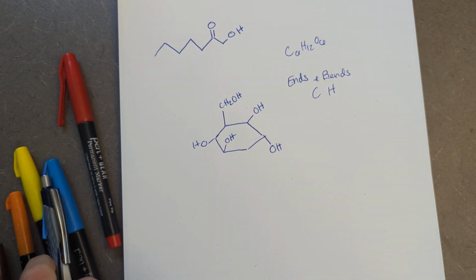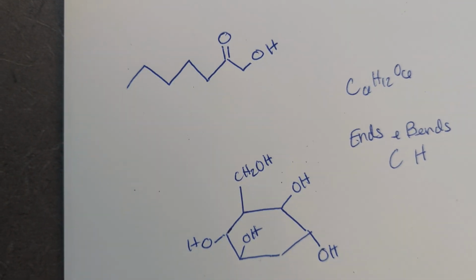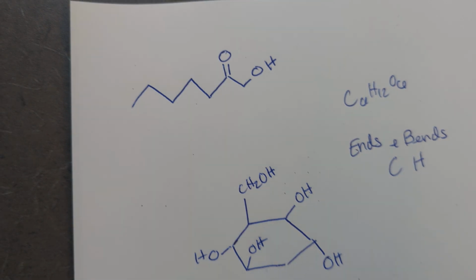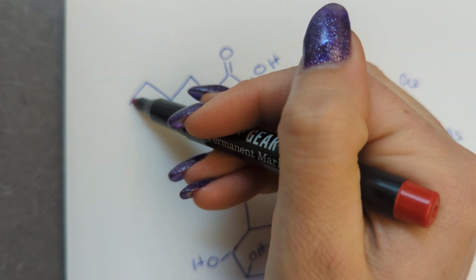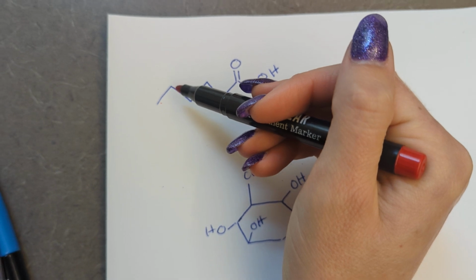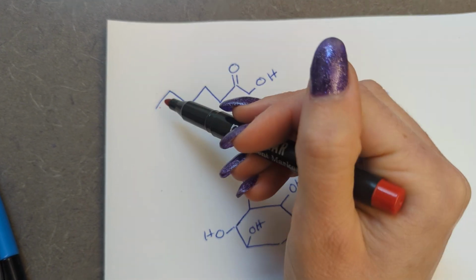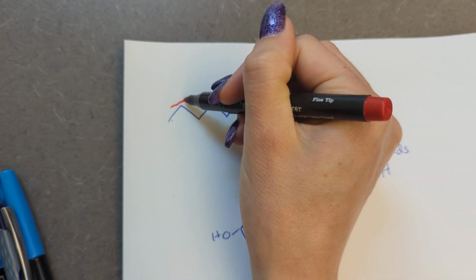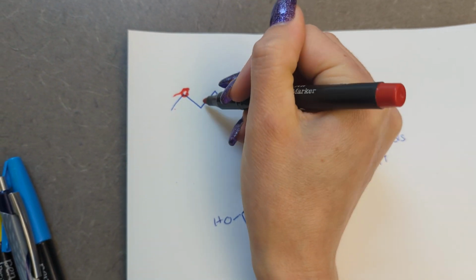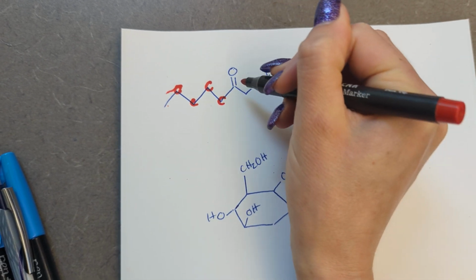All right, so what do I mean by that? Let's look at this one up here. Each dead end and each bend, as long as it's not explicitly written that it's a different atom, is going to be a carbon. So here's a carbon, here's a carbon, carbon, carbon.